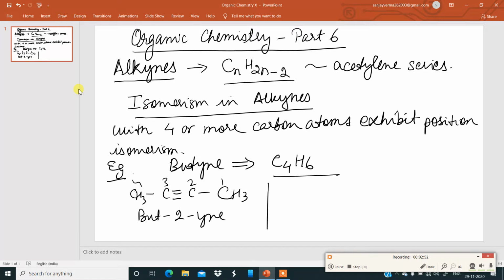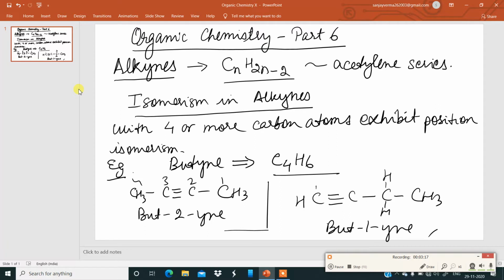The same molecular formula can be written in another form also. Carbon 1, carbon 2, carbon 3, carbon 4. I can have the triple bond first, at the second carbon. So here it will be CH2 and here CH3. So this is but-1-yne.